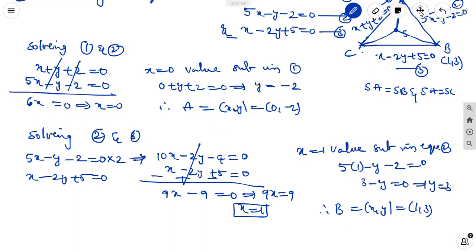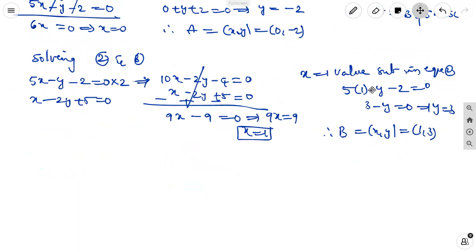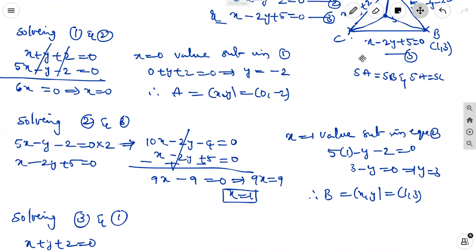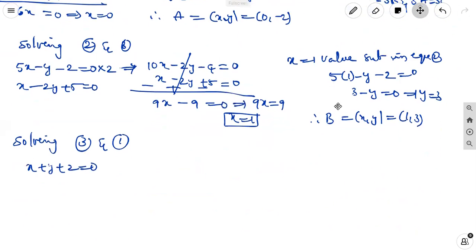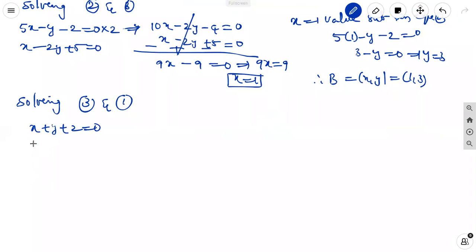Similarly, solving equation 3 and 1. The first equation is x plus y plus 2 equal to 0, and x minus 2y plus 5 equal to 0.